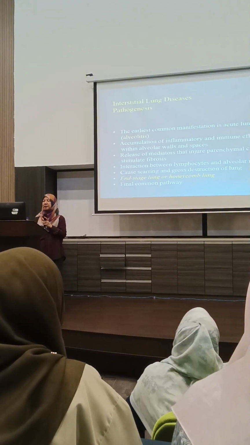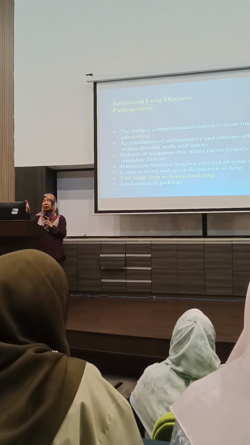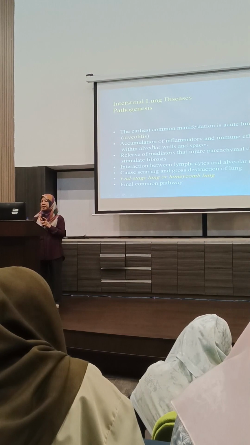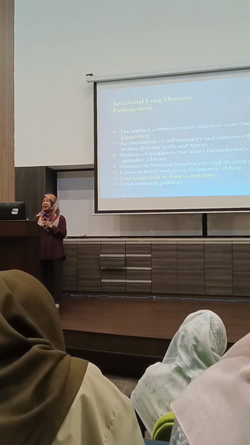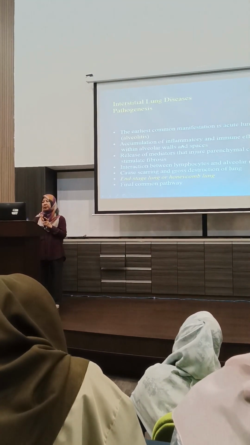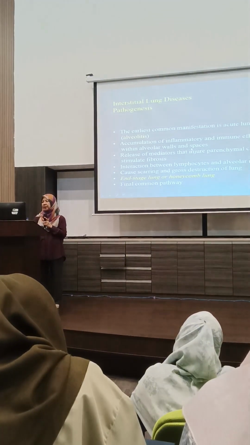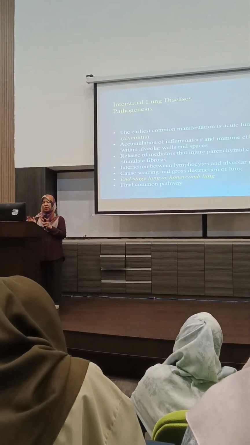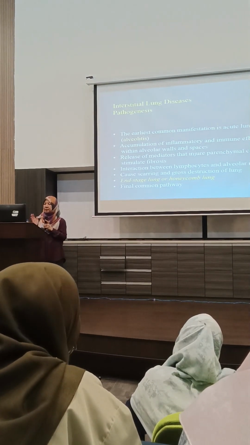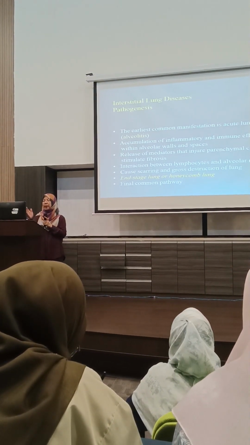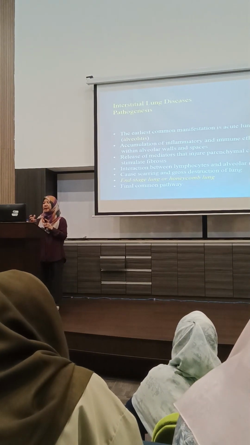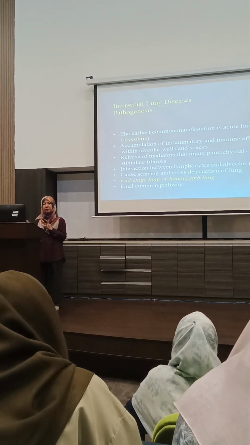Alveolitis is inflammation of the alveolar wall, where the interstitial will accumulate inflammatory cells, all the other cells, effector cells. They start in the interstitial, and then they release all kinds of mediators. The mediators are the destructive ones.